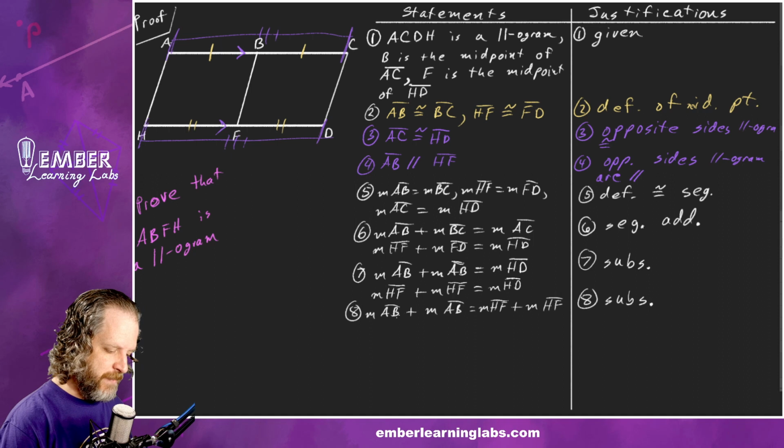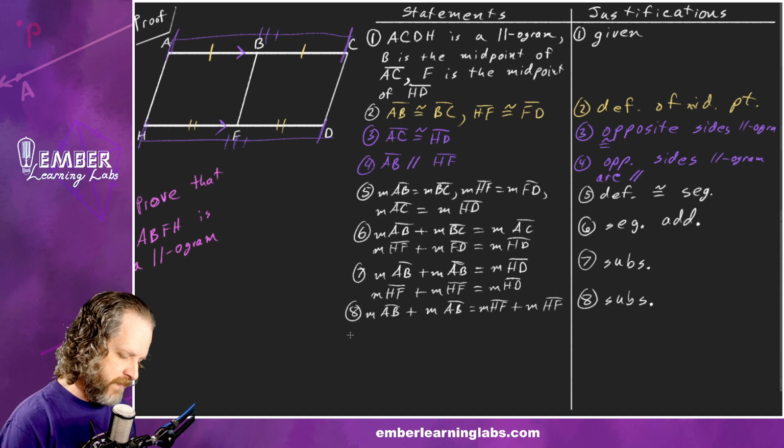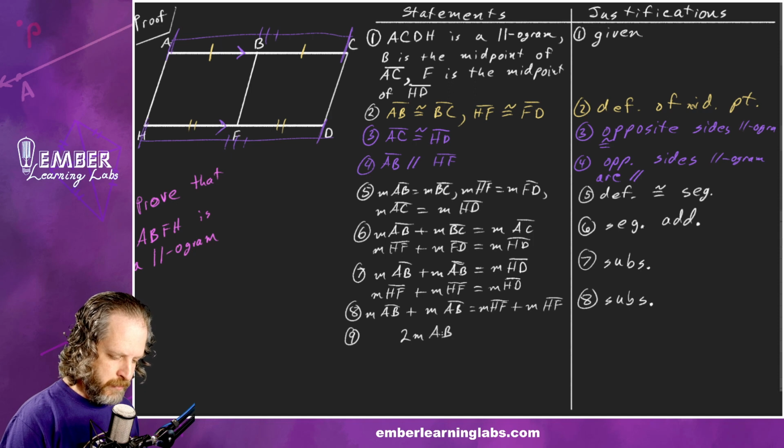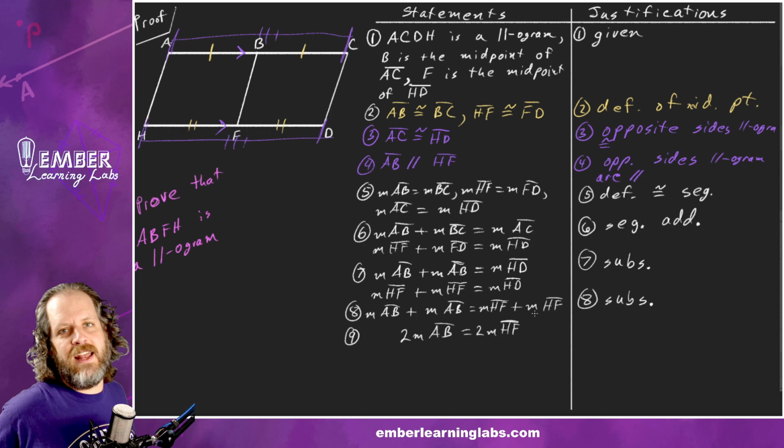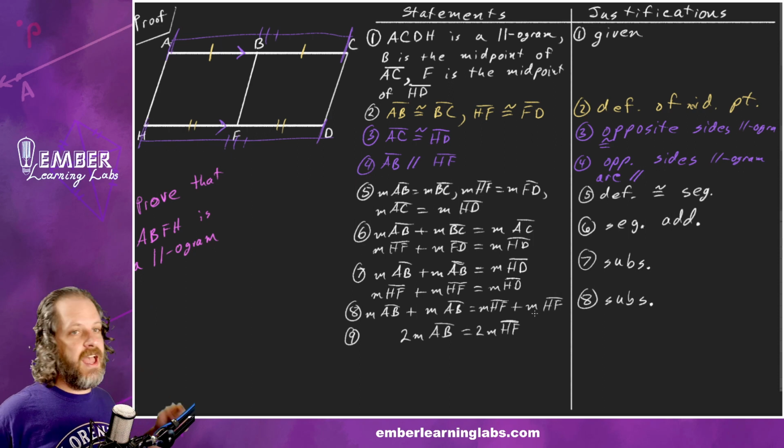Right. Now, measure of AB plus the measure of AB equals the measure of 2AB. Two times the measure of AB equals 2 times the measure of HF. So what is that there? It's like adding like terms, right?